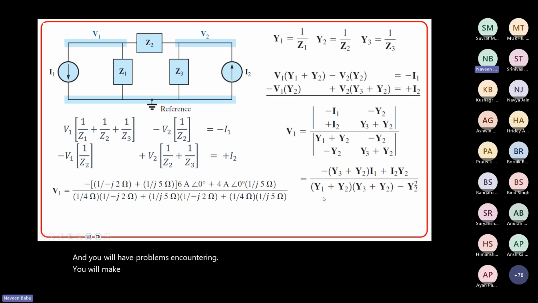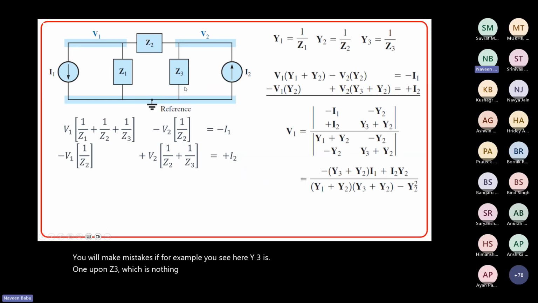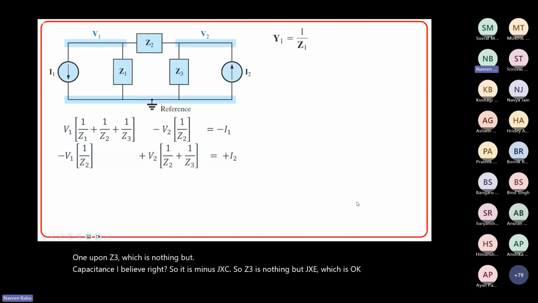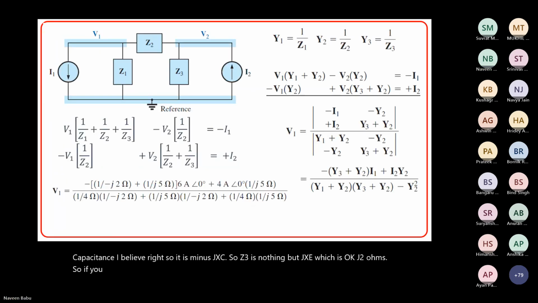For example, you see here, Y3 is 1 upon Z3, which is nothing but a capacitance, I believe. So Z3 is minus JXC, which is minus J 2 ohms. If we substitute here, it is 1 upon Z1.